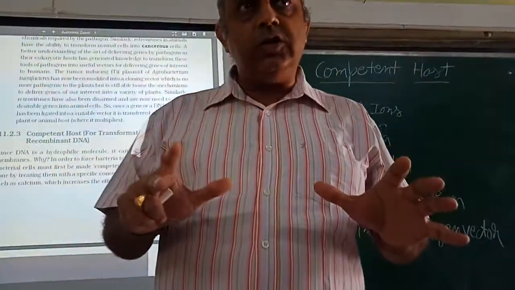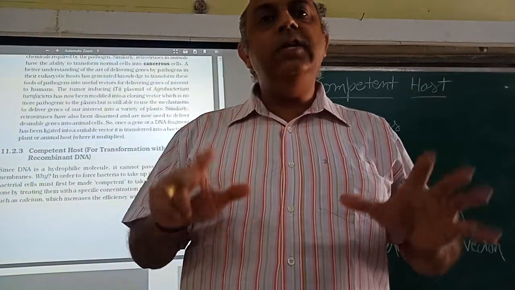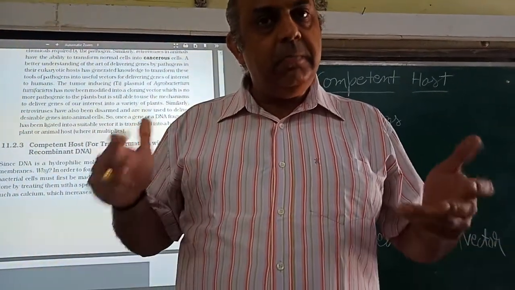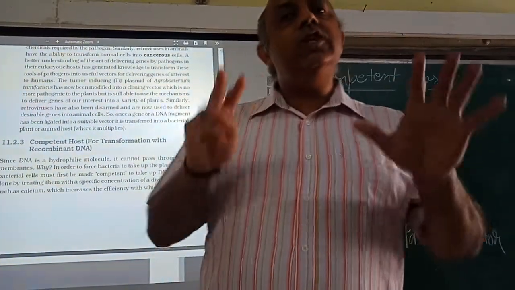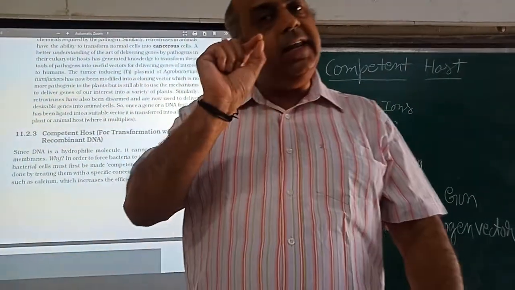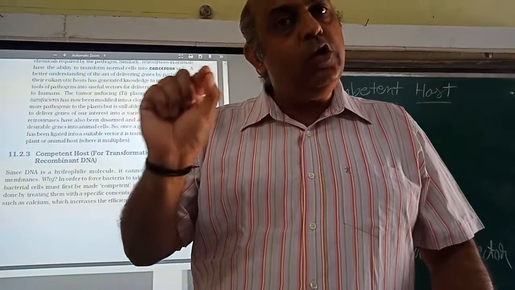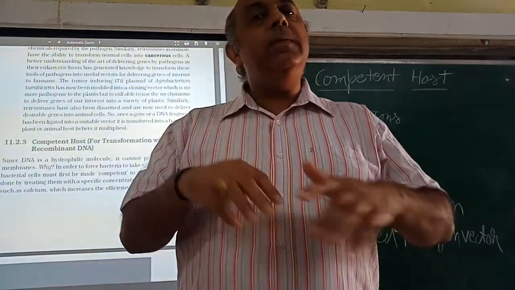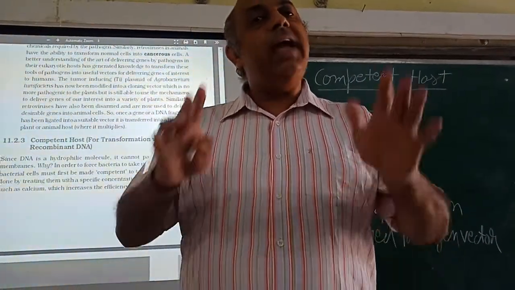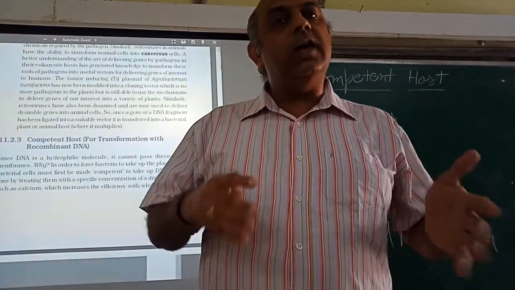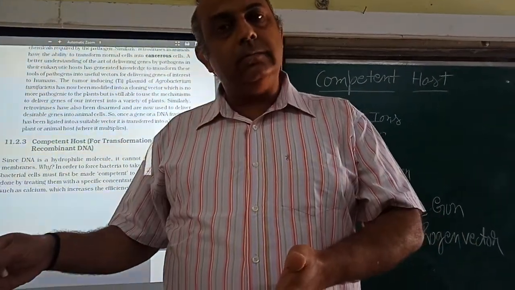For transformation, we have to make the host competent. It means the cell in which we are going to send the recombinant DNA molecule is to be made competent so that it can receive the recombinant DNA molecule.